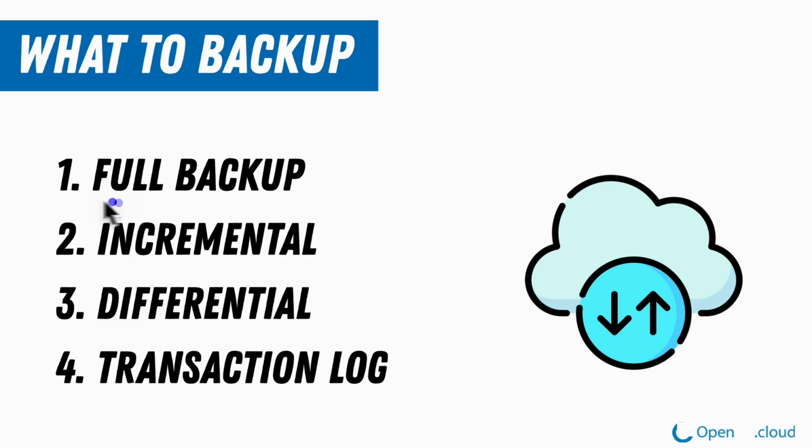That differential is always going to be based off of the last full backup, so you're going to have to back up 1 million records. So a differential always has to be based on the last full backup, meaning that you may want to take full backups more frequently to keep the differentials going fast. So there are different strategies in here, incremental being one of the fastest.